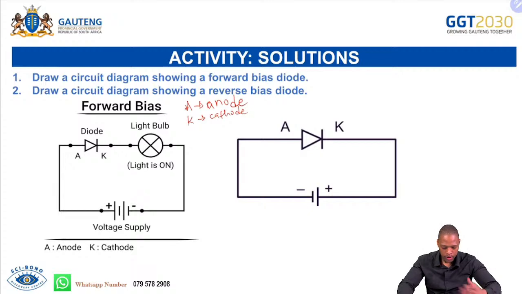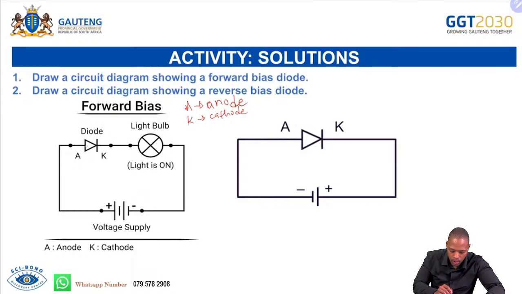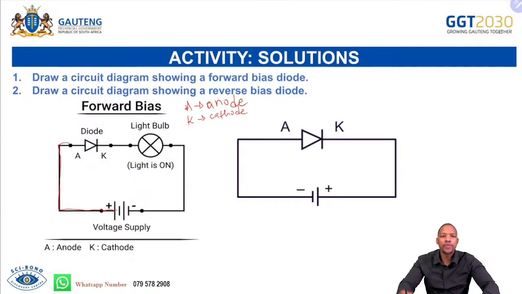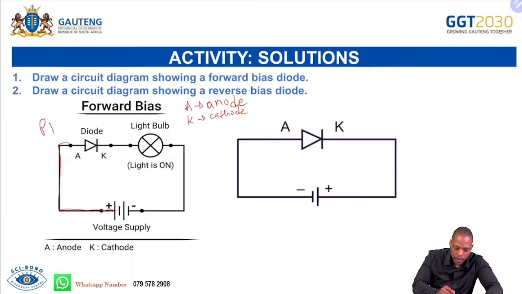Cathode, okay? So as you can see here, this is a forward bias diode, or a circuit diagram that shows a forward bias diode. Here's our diode symbol. You can see that the anode, this side A, is connected to the positive terminal of the battery. P to P, as we said last time. P must be connected to P, right?